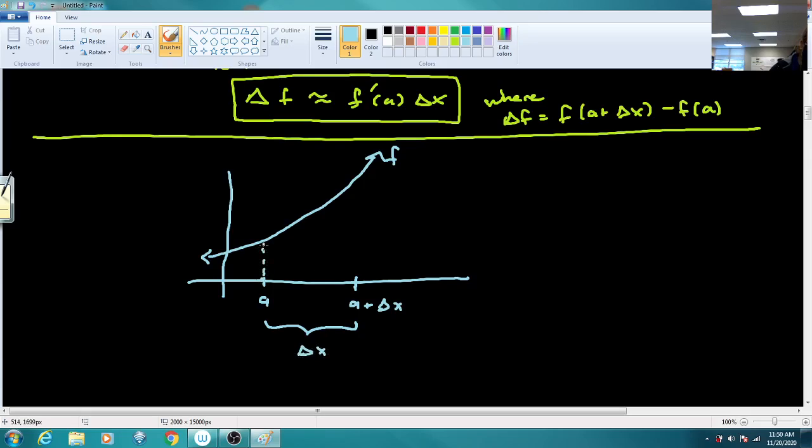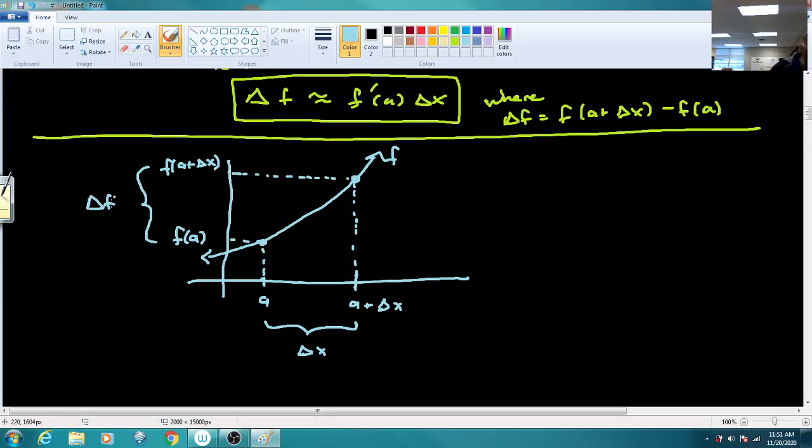Well, a will go up, that'll hit the function, that gives us a corresponding y value over here of f of a. And then a plus delta x will go up, it'll hit the function further down. That'll come over and that'll correspond to a y value of f of a plus delta x. And the difference between these two, if we trace out to where we are, is delta f. So this is the delta f we're going to approximate.